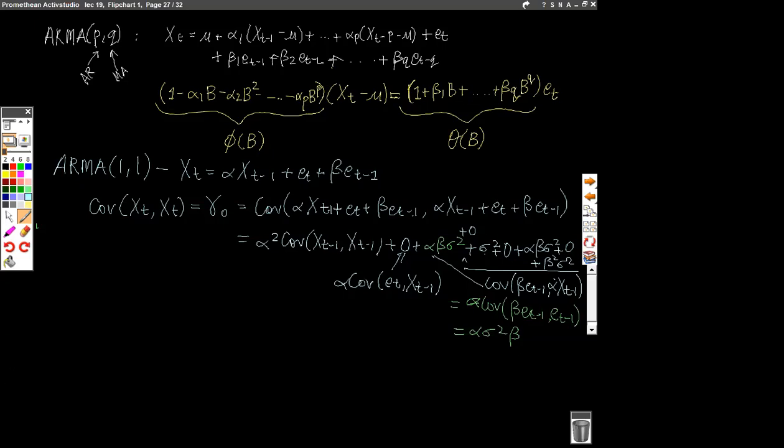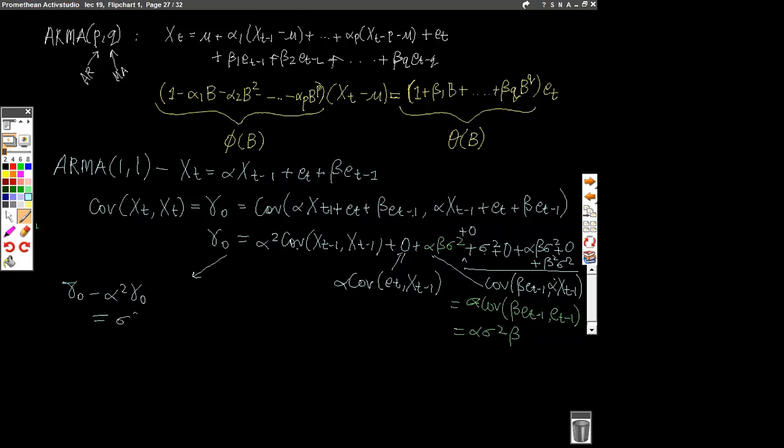Yes, ma'am. Good. So now if I were to rearrange all of this, I will just rewrite this equation here. So I have gamma 0, and I have covariance of XT minus 1 with XT minus 1, which is what? Gamma square, gamma 0. So I can take this here and again write it as gamma 0, and this is equal to alpha beta sigma square plus alpha beta sigma square will be 2 alpha beta sigma square.